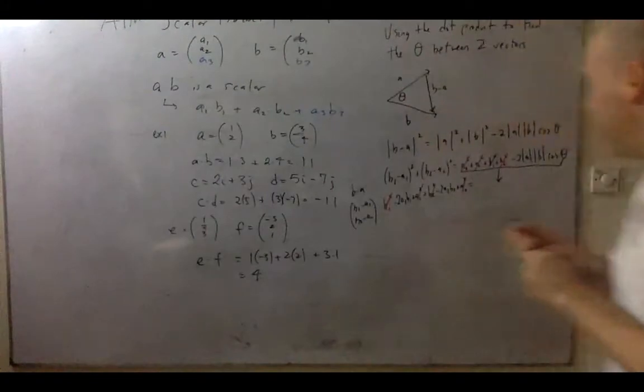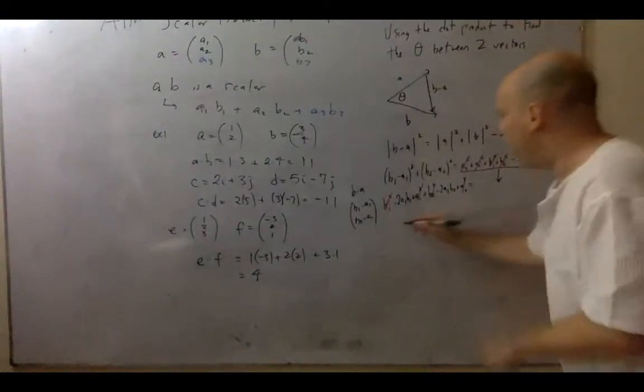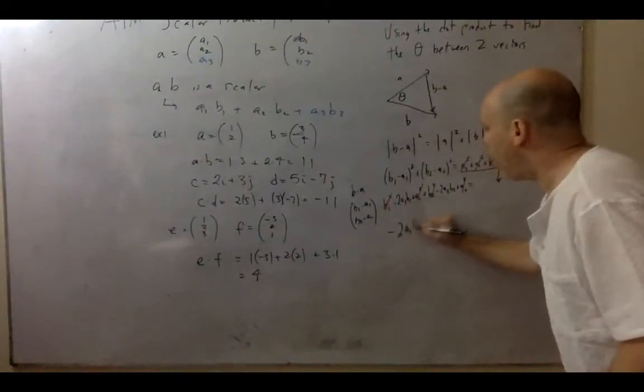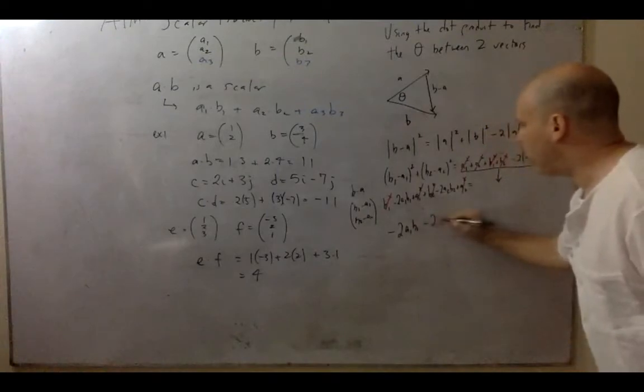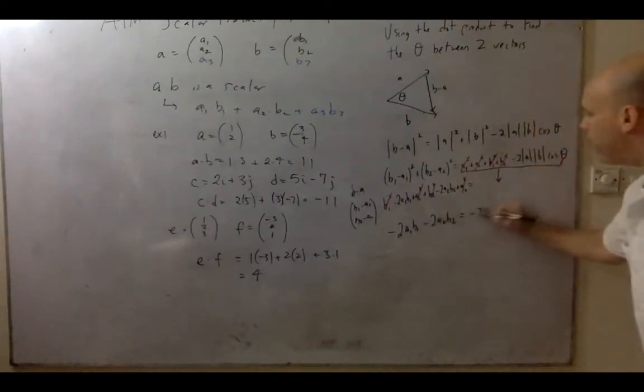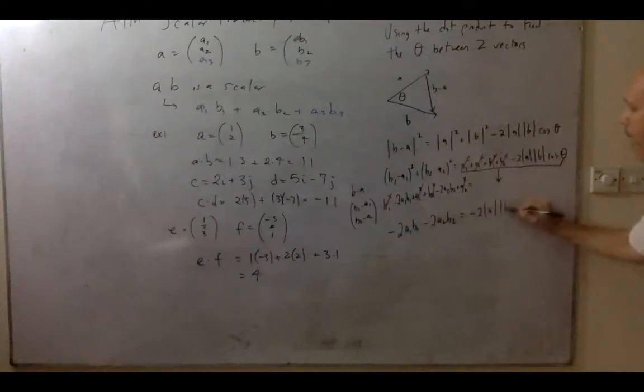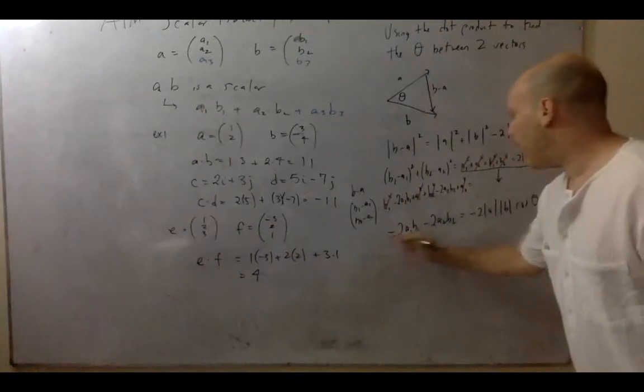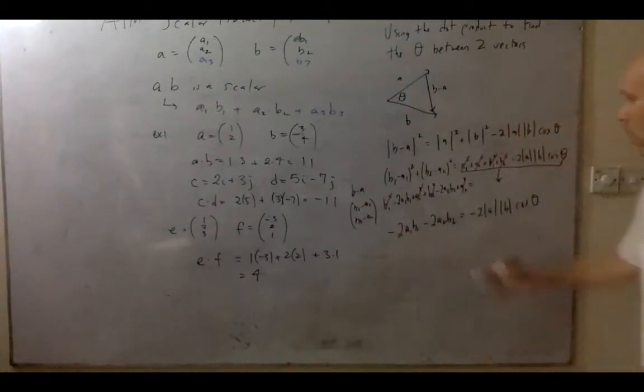And we have, you can see here, negative 2A1 B1 minus 2A2 B2 is equal to negative 2 magnitude A magnitude B cosine of theta. Let's divide everything by negative 2.